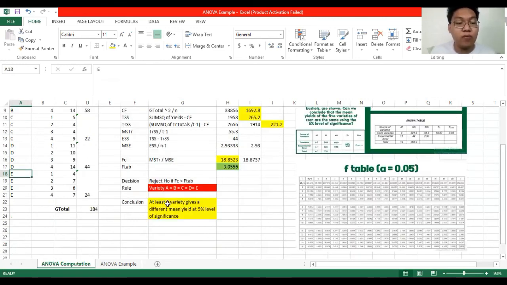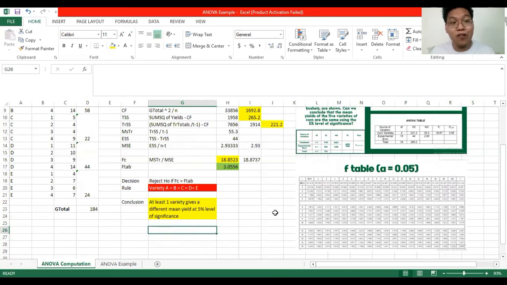Because we have just concluded that at least one variety gives a different mean yield, but we are not yet specific to which of those varieties are really different from each other. Thus, we can do that by conducting our post hoc test, which is the multiple comparisons, and that can be another thing that we can discuss here on my YouTube channel.